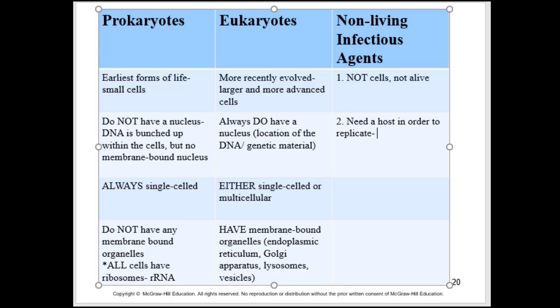If something needs a host to replicate, we say it's an obligate intracellular parasite. Obligate means it needs, intracellular means in the cell. So these things need to get in the cell. They're parasites. So we are not going to confuse these non-living infectious agents with living cells, prokaryotes or eukaryotes.